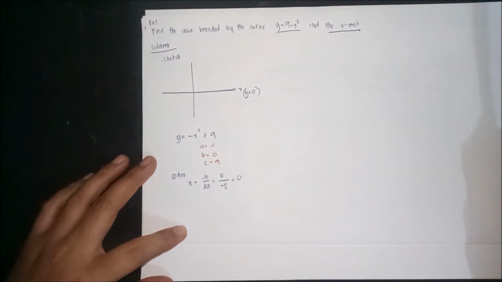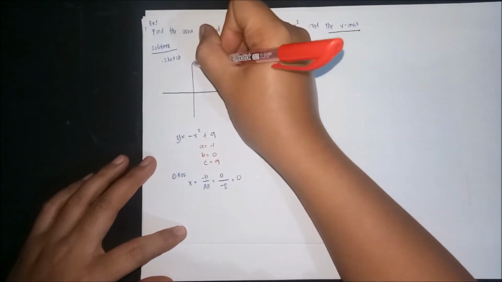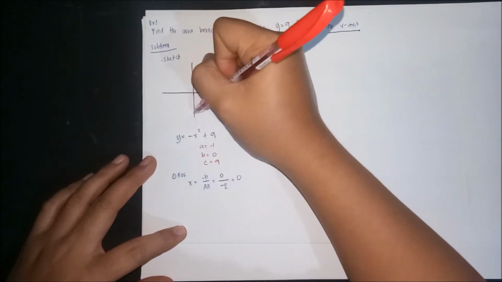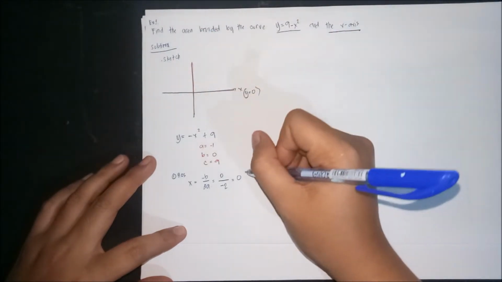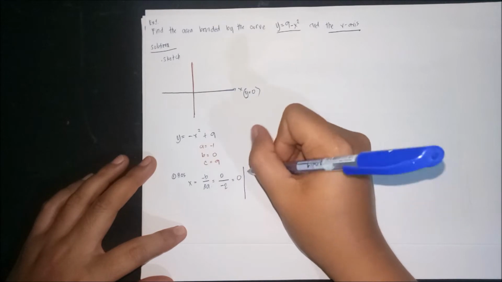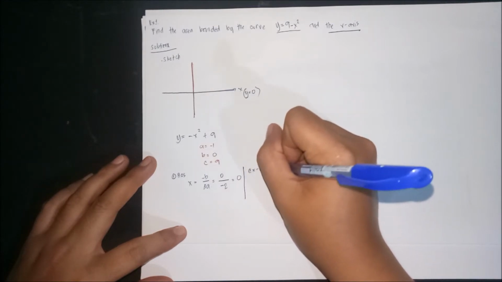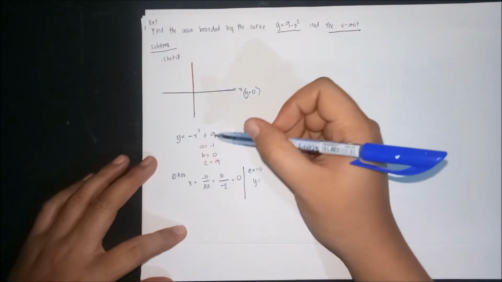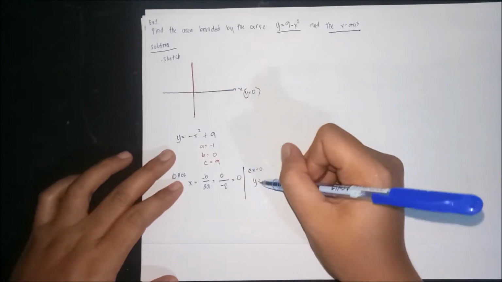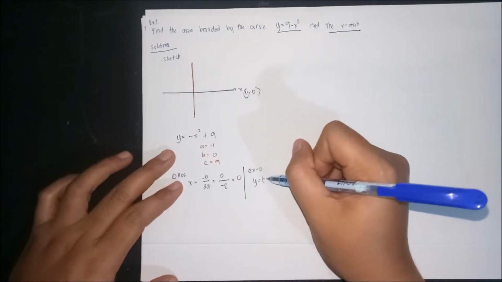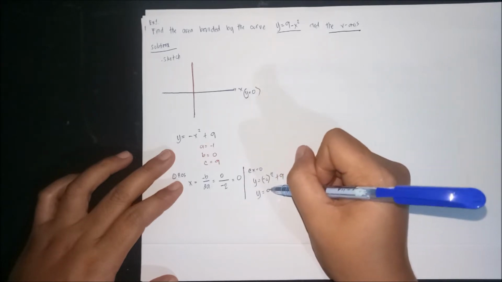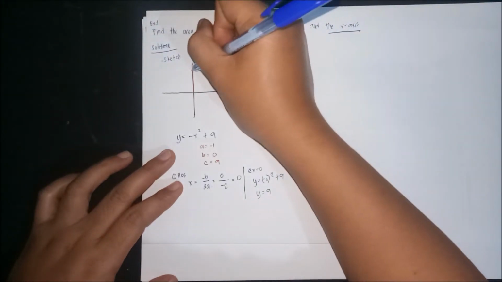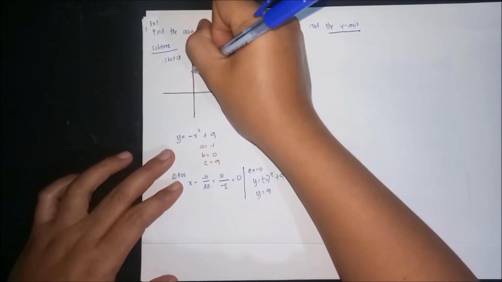So, ibig sabihin, ang ating axis of symmetry is along here, at x is equal to 0, or that is your y-axis. And then using that, I would use that to look for my vertex. Okay, so at x is equal to 0, what would be my y? So, ang y ko, lagay ko lang yung 0, would be negative 0 squared plus 9. So, yung y natin is 9. So, ibig sabihin, class, if this is 9, andito yung vertex.